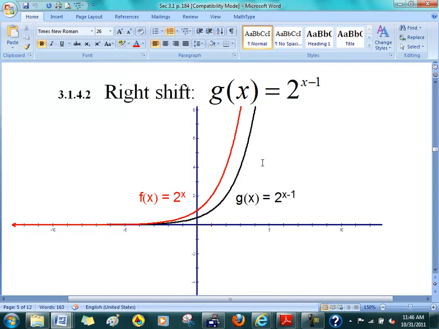Again, going back to what we've done before. Right shift means it's going to be x minus c, or x minus a, whatever you want to call it. Okay? That's the right shift. So now you got the graphs down? Got the graphs as well? Okay, so everybody got this down? Everybody get this down?